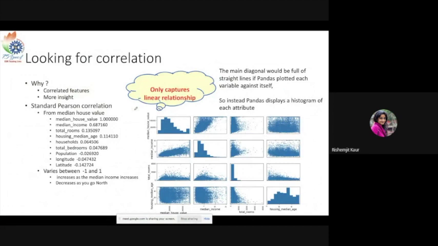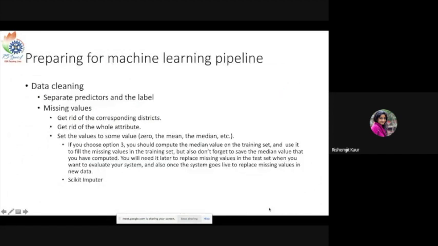So we were talking about the machine learning pipeline, that before we train our algorithm, we need to perform a certain set of pre-processing steps. The very first one is data cleaning. We will first separate predictors and the label, that is X and Y. We will look into the missing values.